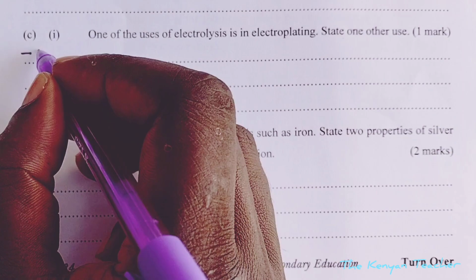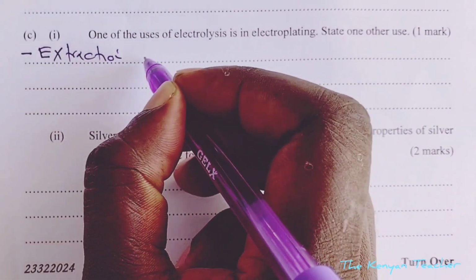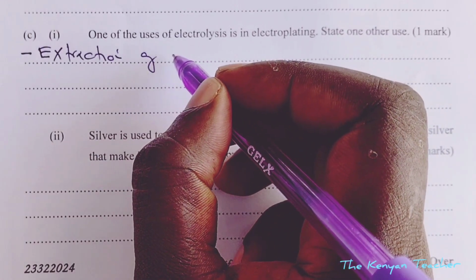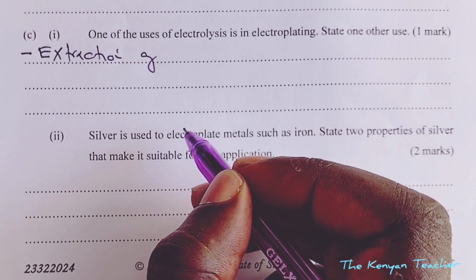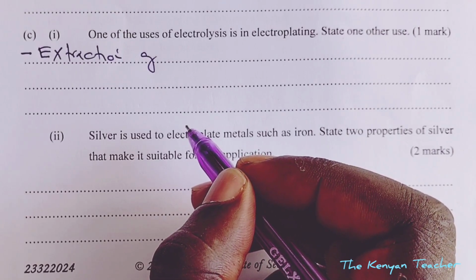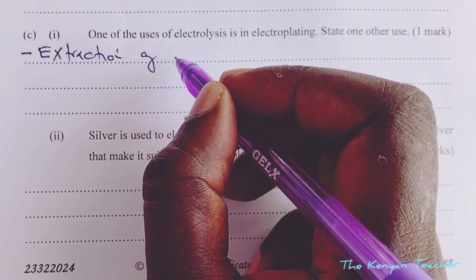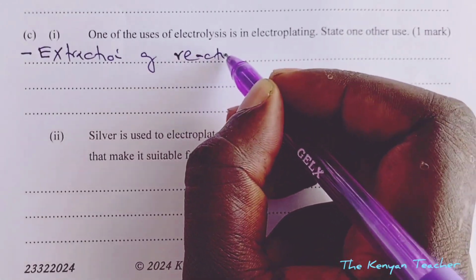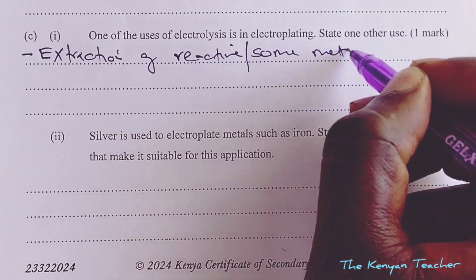One, we use electrolysis in the extraction of, and I want our candidates to be very, very careful here, we don't use electrolysis to extract all metals. We only use it to extract those that are reactive. So we say extraction of reactive or some metals.